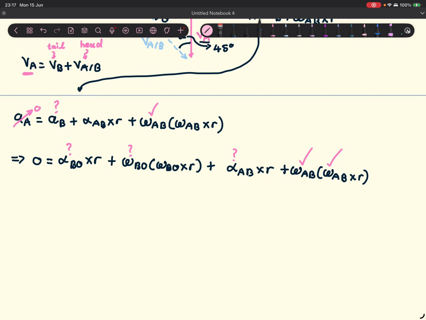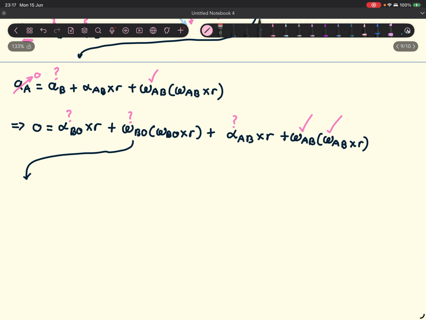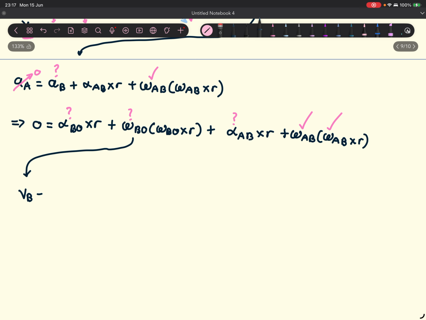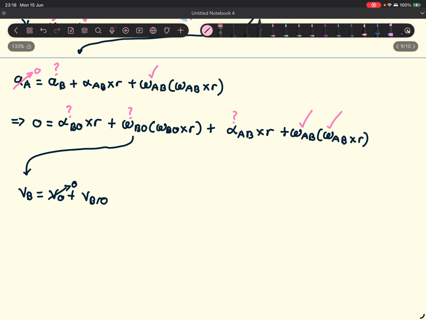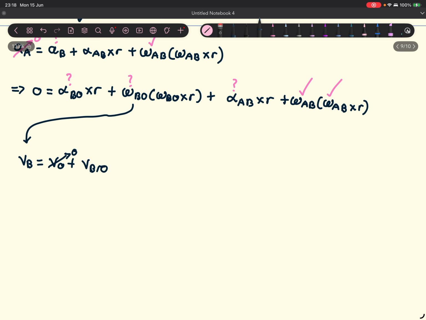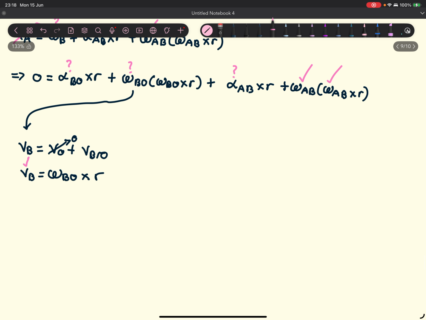But the omega BO we can solve for by saying VB is equal to VO plus VB relative to O. We know that O is a stationary point, so that's 0. And then this will be equal to omega BO crossed with R, right? And we've solved for VB previously.